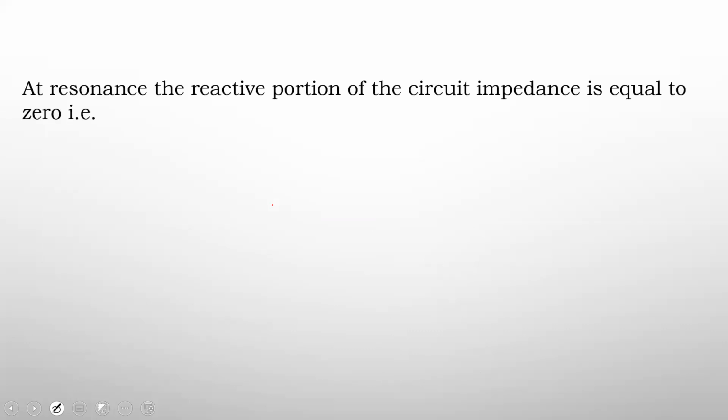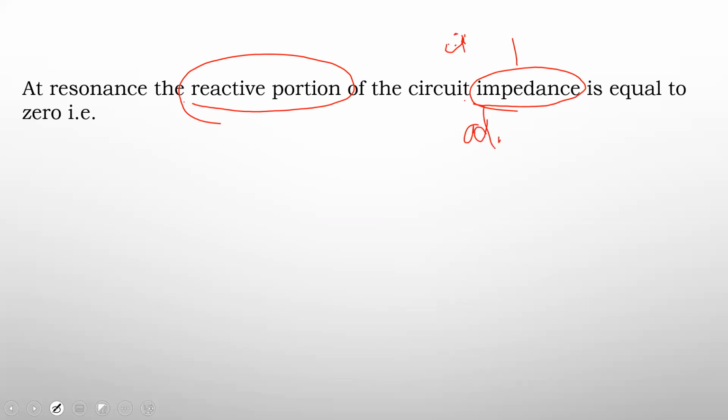And here we say that at resonance, the reactive portion of the circuit impedance, and this is also true for the circuit admittance, all right? So the reactive portion of the circuit impedance or admittance is equal to 0.